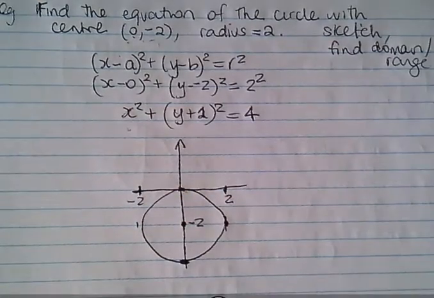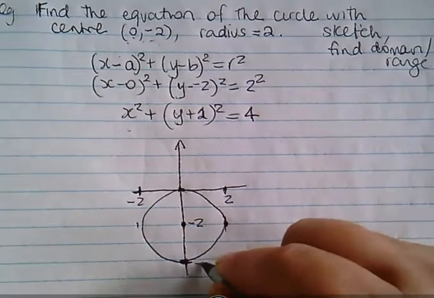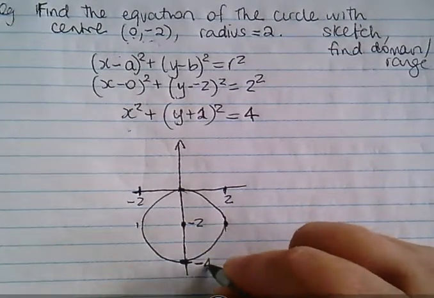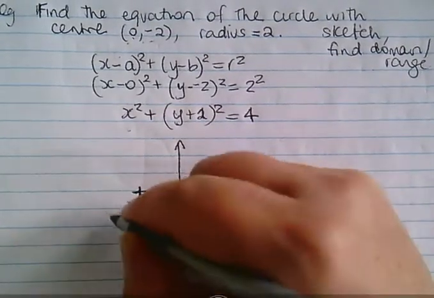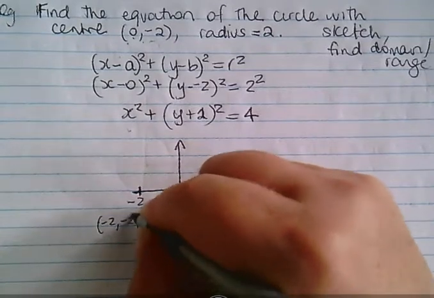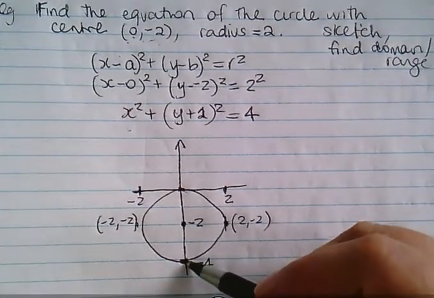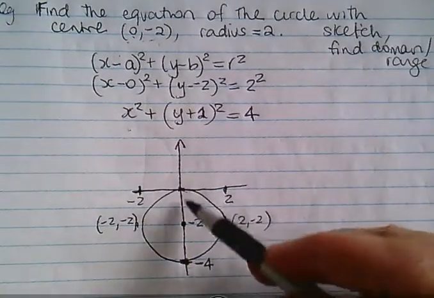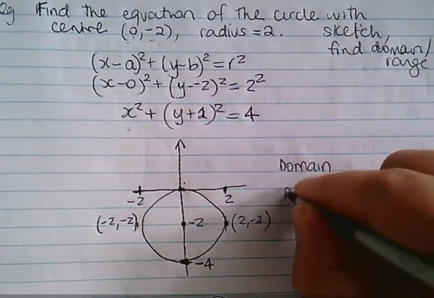Are you okay? 2 across, 2 across, 2 up, 2 down. What's this down here? Negative what? 4. We can label the points if we want. This is 2, -2. This is -2, -2. Down here it's -4, which is 0, -4. And that's 0, 0. So what's the domain and the range?